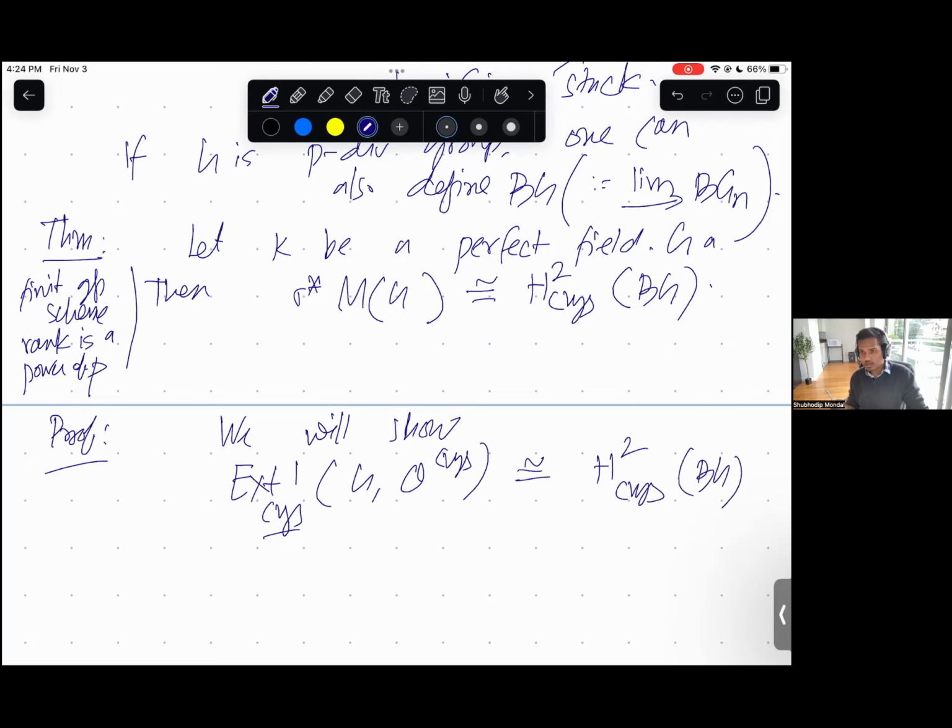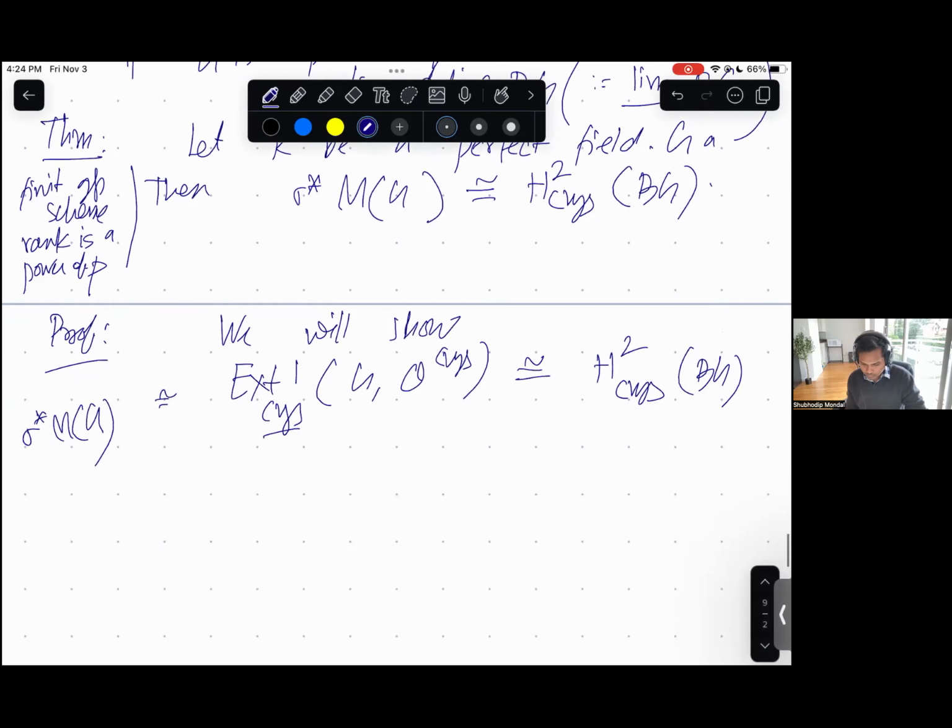The proof I'm explaining really depends on the work of Berthelot, Breen, and Messing, because they prove that this is the same as the Dieudonne module. In the last talk we discussed some possibility of trying to avoid that, but the proof I'm explaining right now just uses the work of Berthelot, Breen, and Messing to prove this.